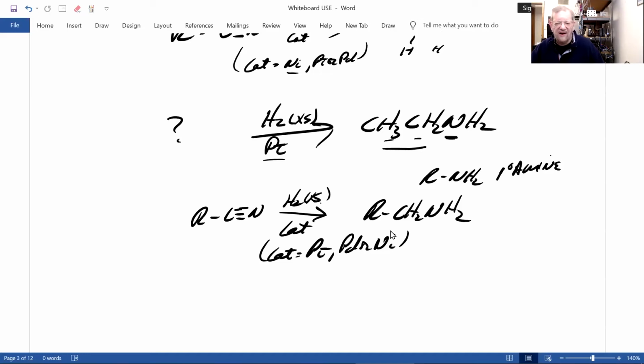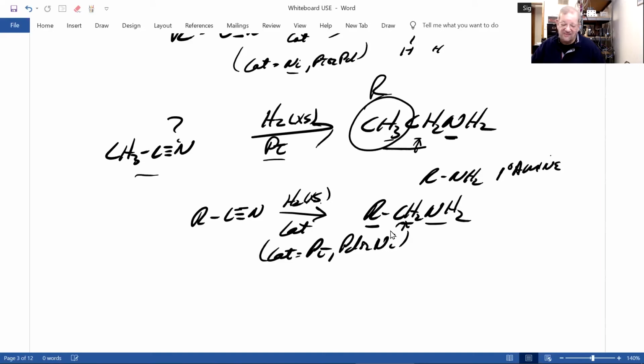And what's my R group? Methyl. Because notice you have R, CH2, NH2. So this is part of that right here. And therefore, if that's the case, that's the nitrile, 2 carbons, 2 carbons. That's how you do it.